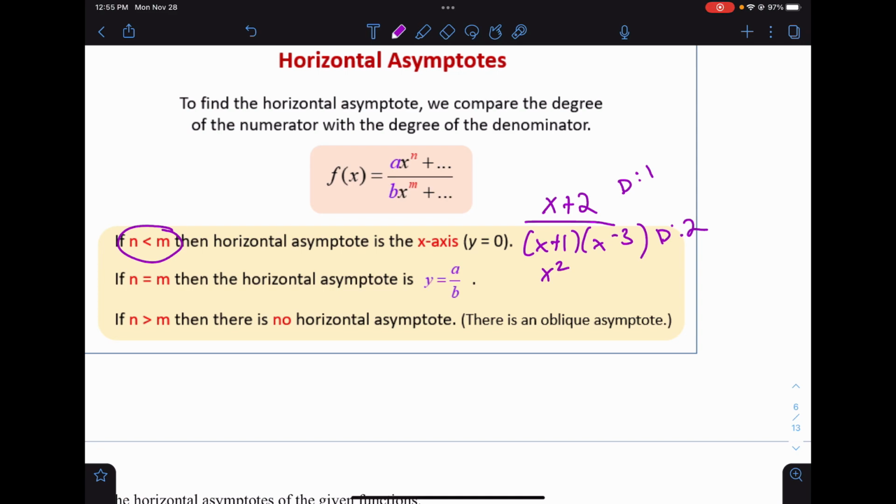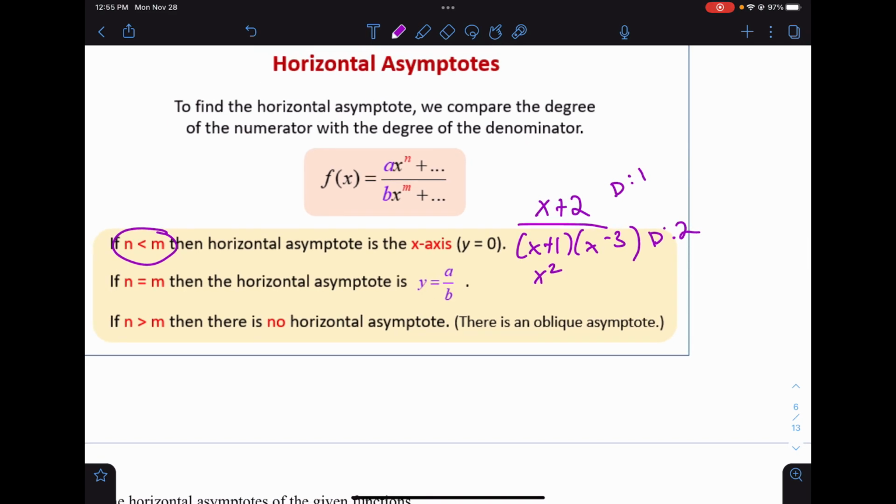When that happens, our horizontal asymptote is going to be y equals 0, okay? And the reason for that is essentially because the bottom grows faster than the top. As x gets bigger and bigger, the function will eventually approach 0. Won't reach 0, but it will approach 0.